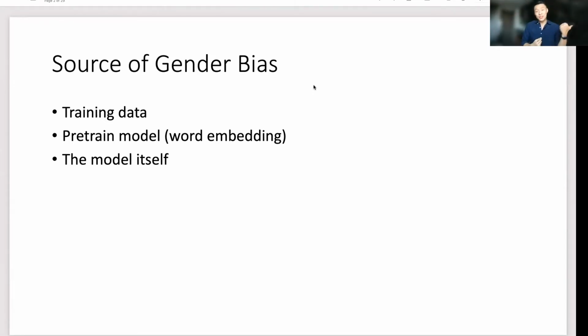So if there's a bias in there, the bias will propagate into the system. So that's another resource that could be a source of gender bias. And the third one is the model itself, which is less of a problem, as we will see next.